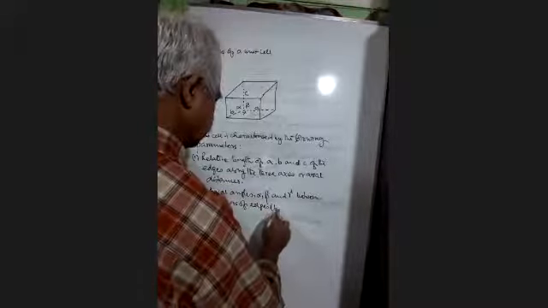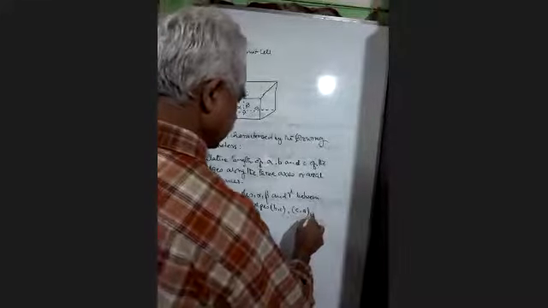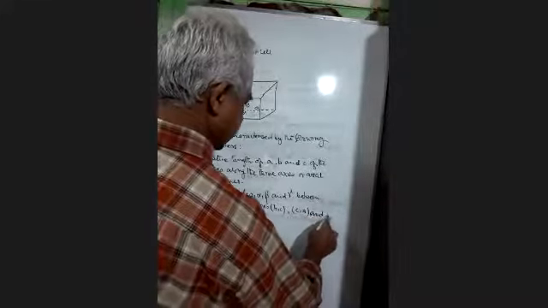So what are the edges? B, C. Then C, A. Then A, B.